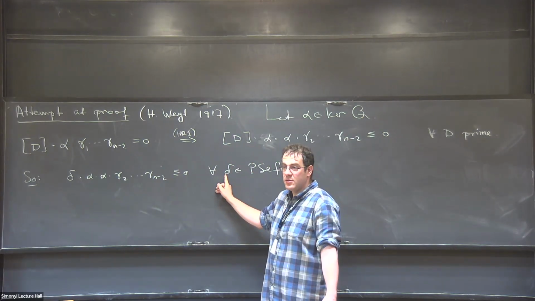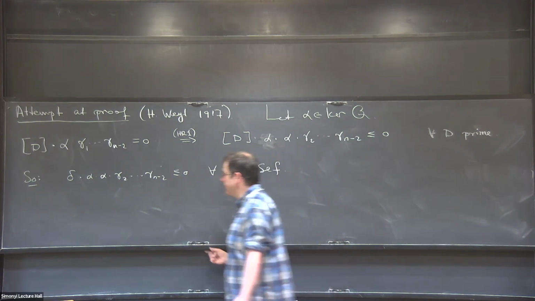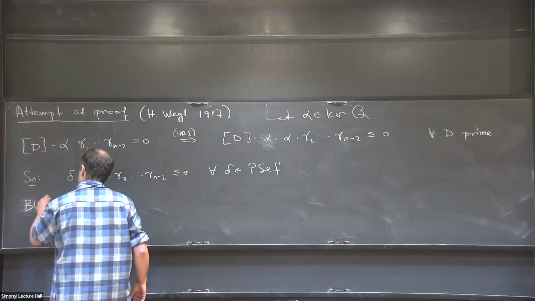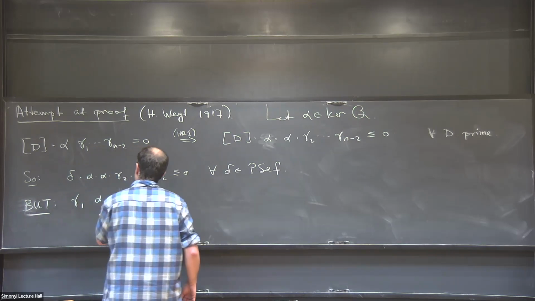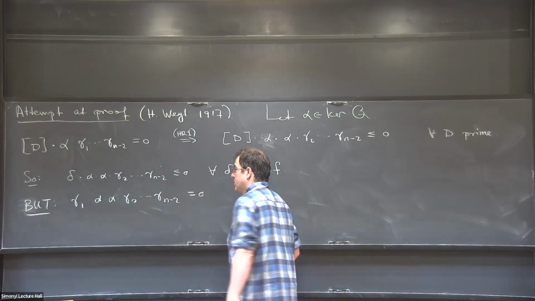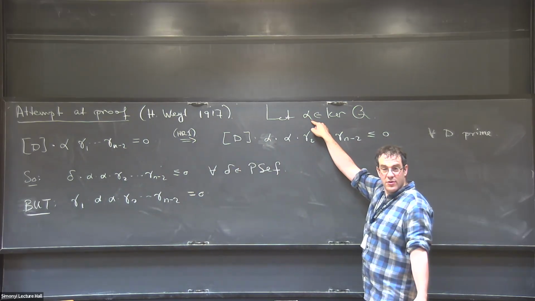Gamma 1 is nef, but certainly pseudo-effective. And gamma 1 dot alpha dot gamma 2 through gamma n minus 2 equals 0. This was true by construction, because we assumed that alpha is in the kernel of Q.